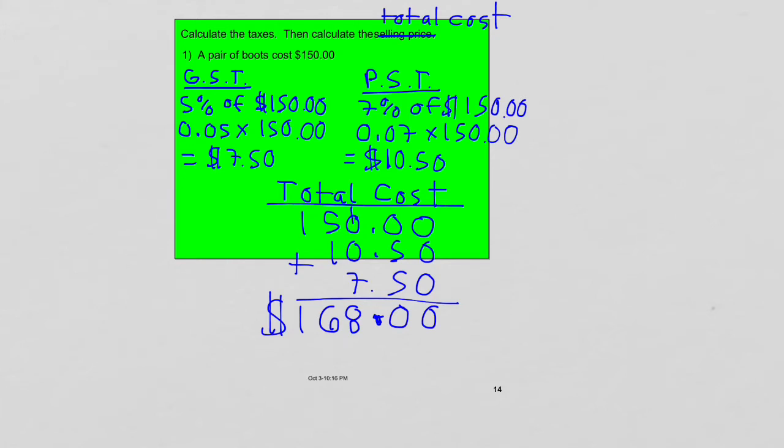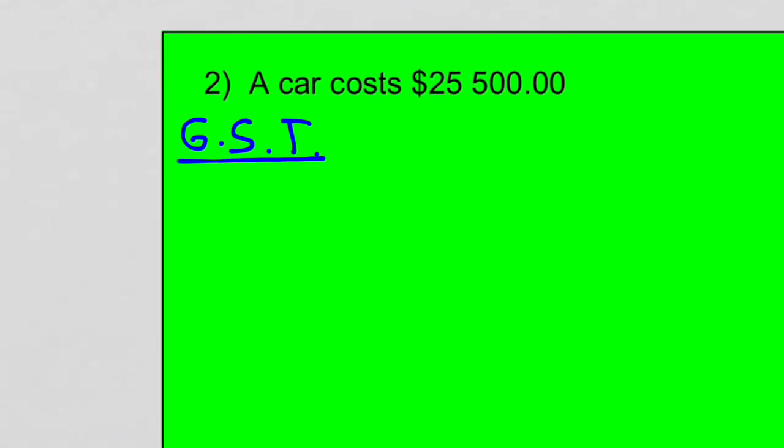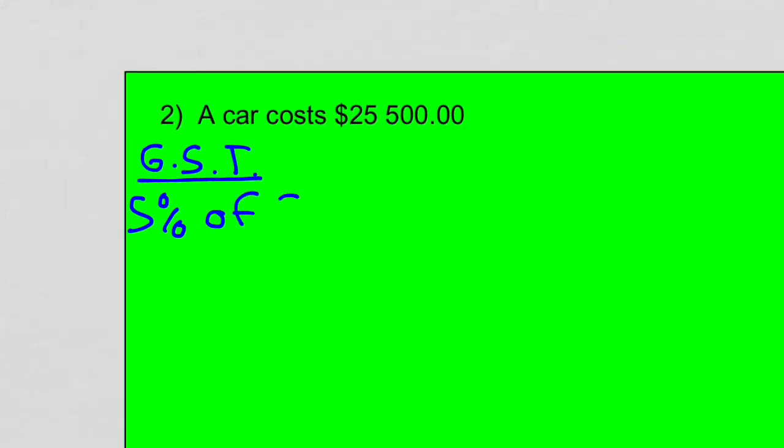Let's look at another one. Got a more expensive item. A car costs $25,500. So if we were to start off and calculate the GST on that, that would be 5% of $25,500.